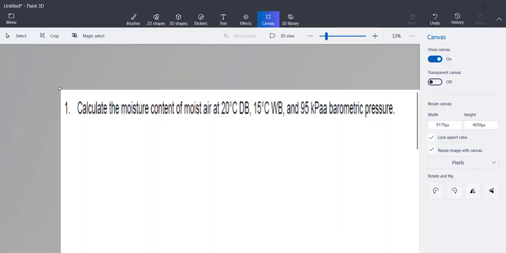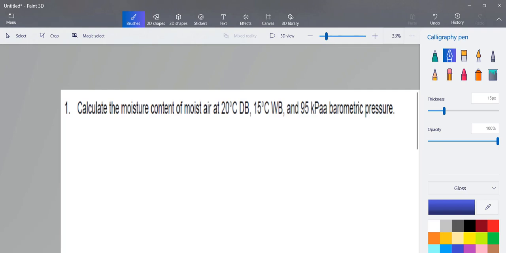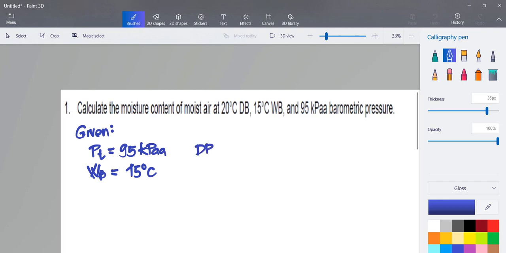The given: total pressure is 95 kPa absolute, wet bulb temperature is 15 degrees Celsius, and dry bulb temperature is 20 degrees Celsius.